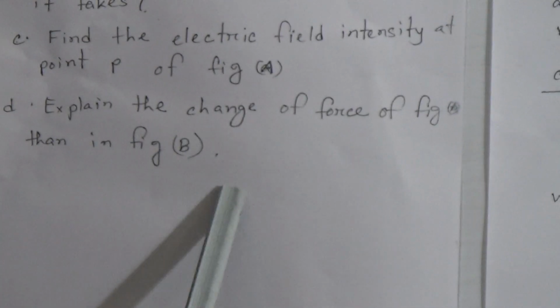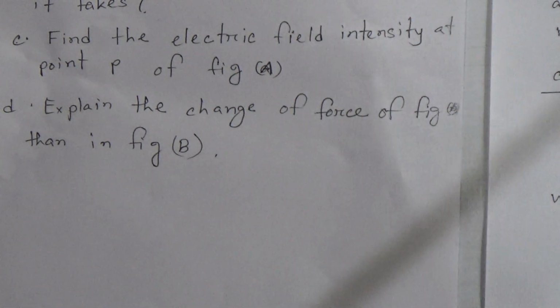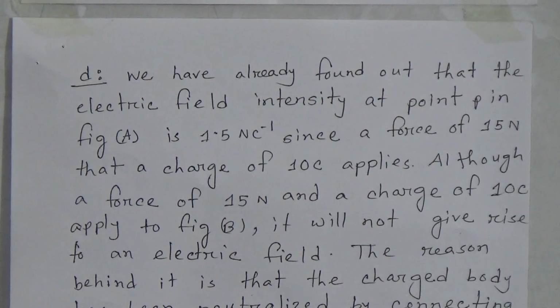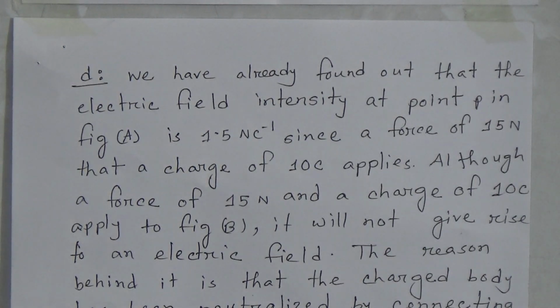Now come to question number D. Explain the change of force of figure A then in figure B. We have already found out the electric field intensity at point P in figure A is 1.5 Newton per coulomb.